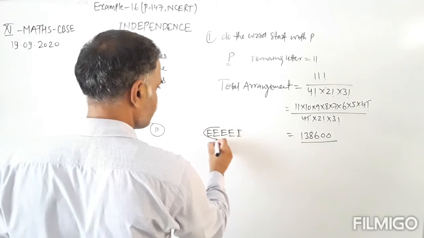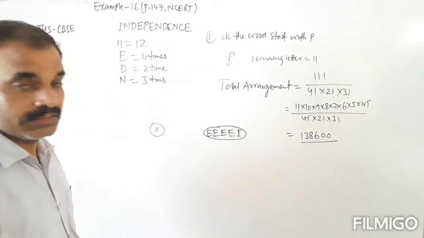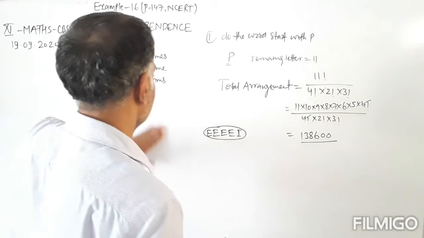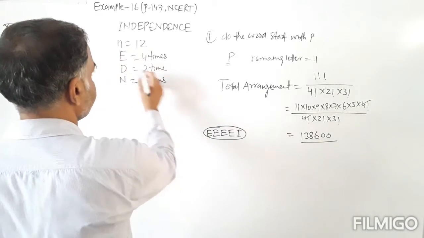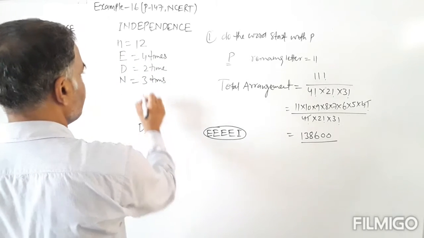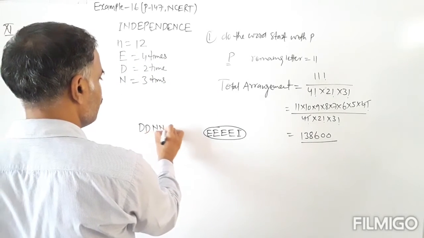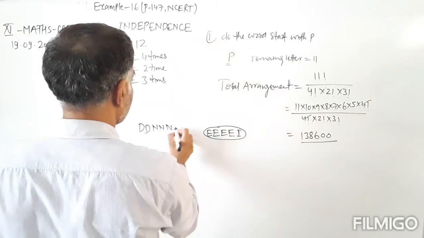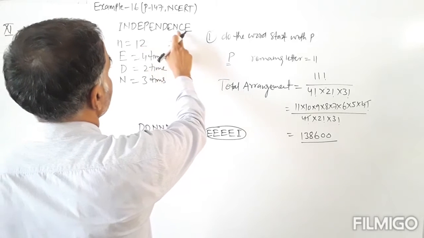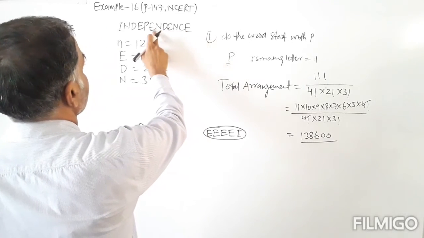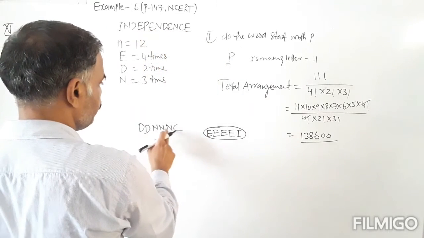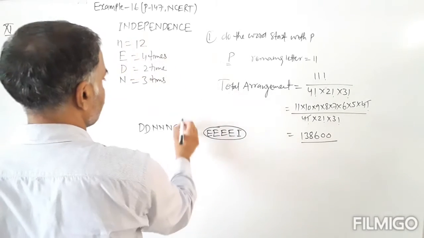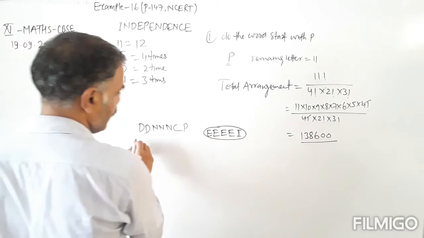This will be treated as one letter. The remaining letters are D 2 times, N 3 times, and C, and P. 1 2 3 4 5 6 7 8 9 10 11.